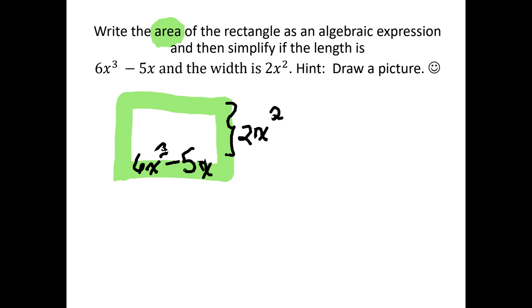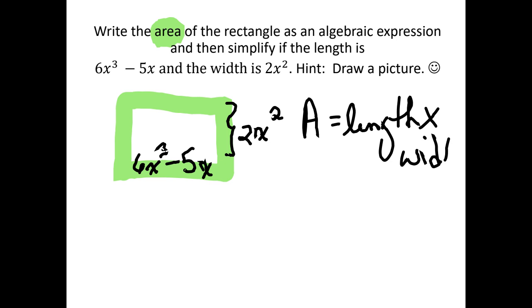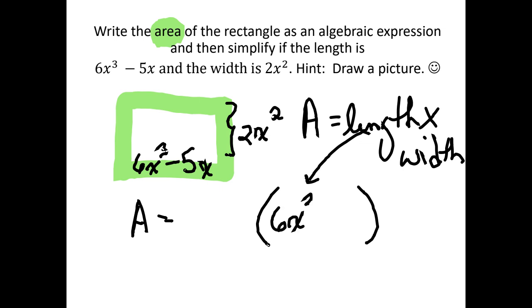Area equals length times width. So my area is, in parentheses, 6x cubed minus 5x. This is my width. Okay. This is where the rules of exponents come in.